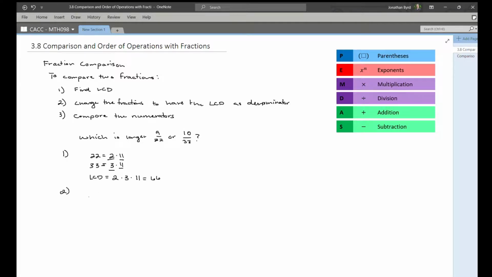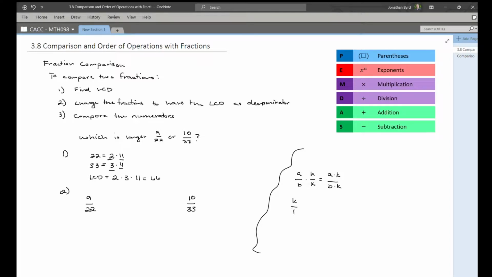And now step 2, I need to change these fractions into fractions that both have 66 as denominator. So it's helpful to remember that if I want to multiply a fraction by a constant, I can do that so long as I multiply both the numerator and the denominator by the same number.